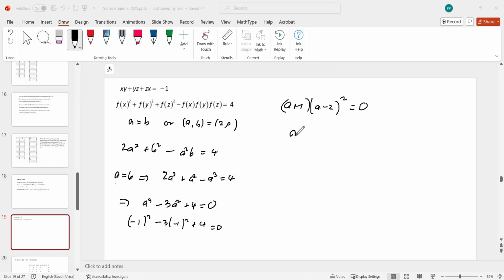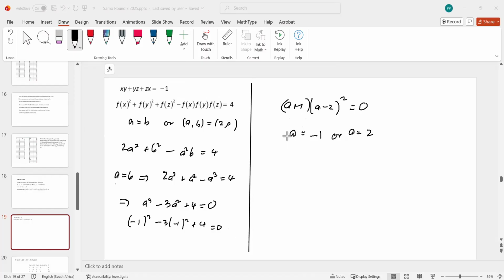So therefore, we're now zoned in on what the possible value of A is. A is equal to -1, or A is equal to 2. So that is the whole purpose of this investigation, was to find out what is f of 1 and what is f of -1.